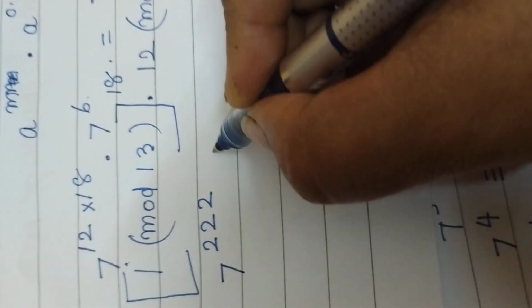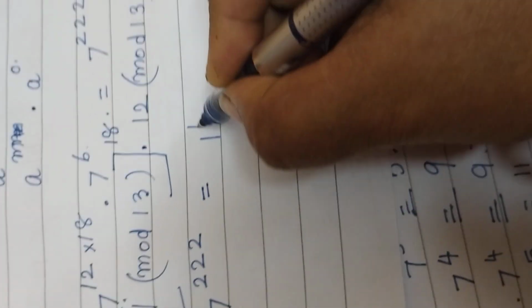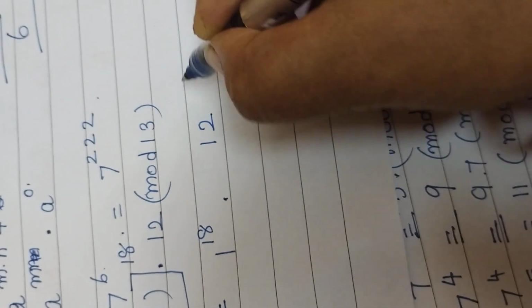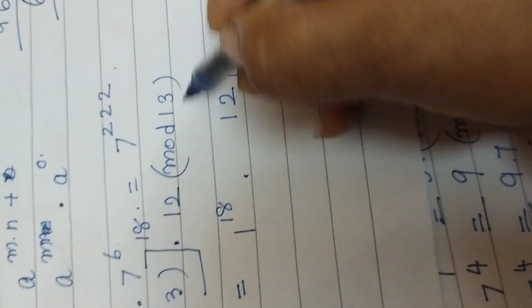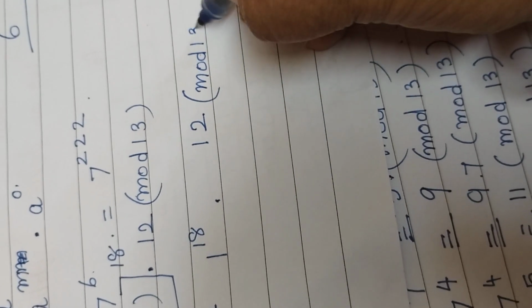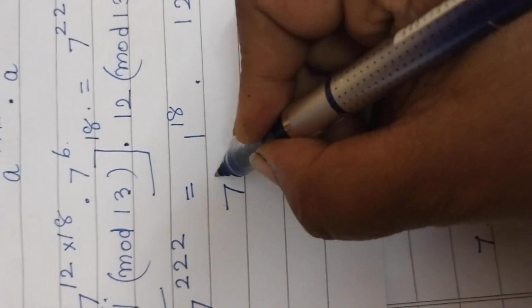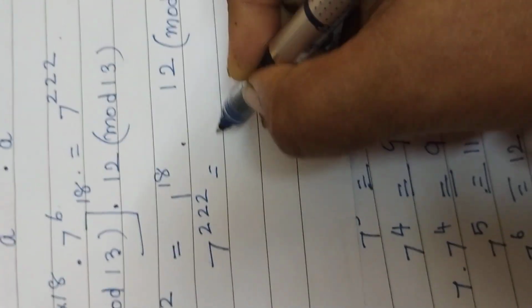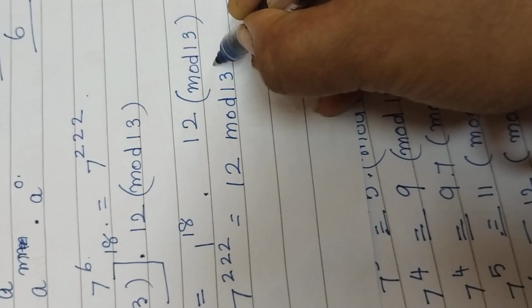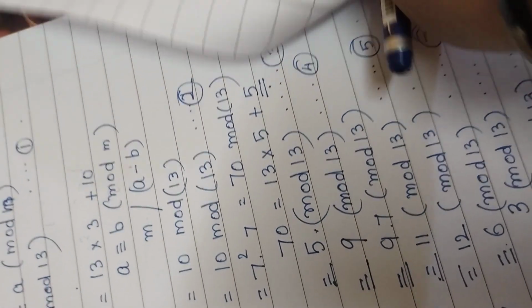So 7 power 222 should be 1 power 18 into 12, because 7 power 6 is directly 12 modulo 13. So directly you can write 1 power 18 is 1. So this is going to be 12 modulo 13. So this is the answer.